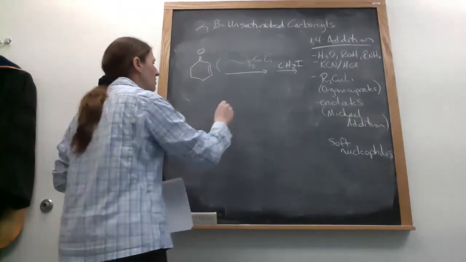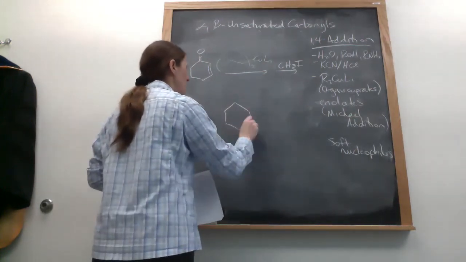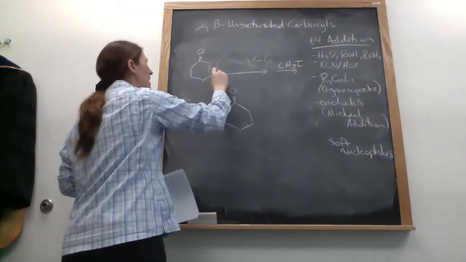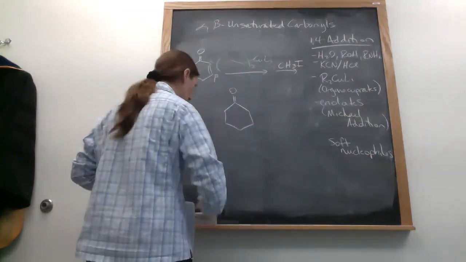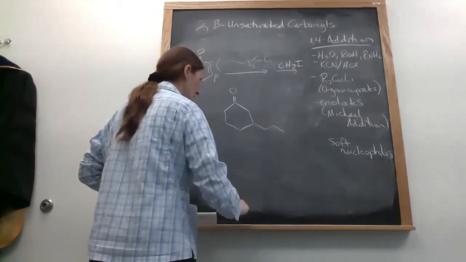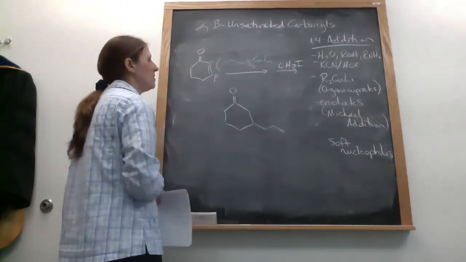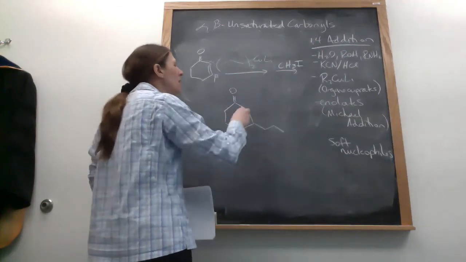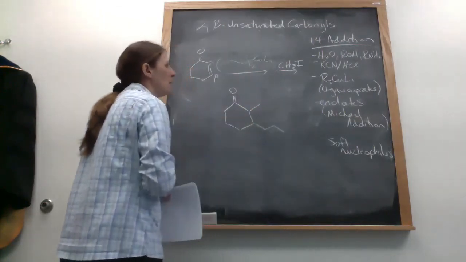So end result for this: this is going to add to the beta position, down here, and that's going to add a propyl group, 3 carbons here. This is going to intercept that intermediate enolate, which is going to put a group here.